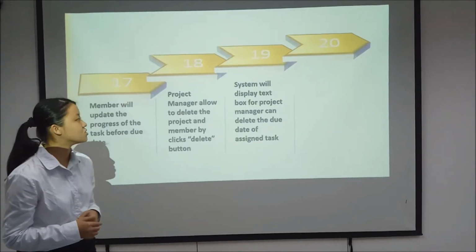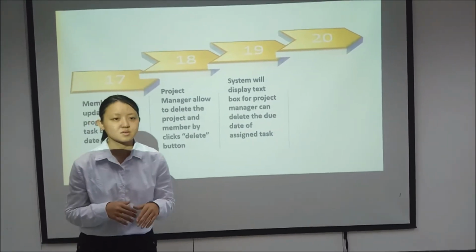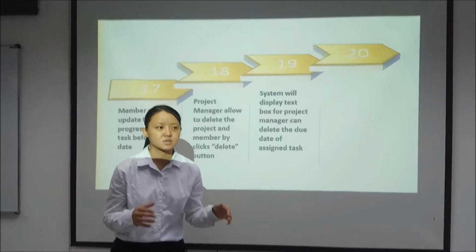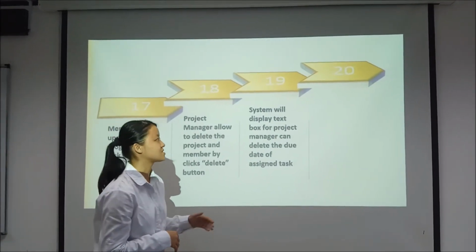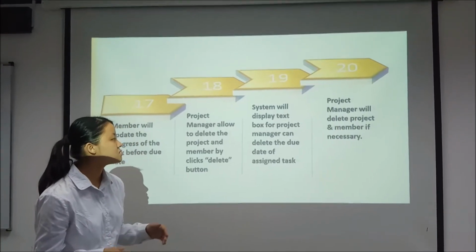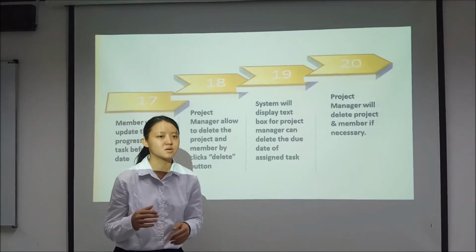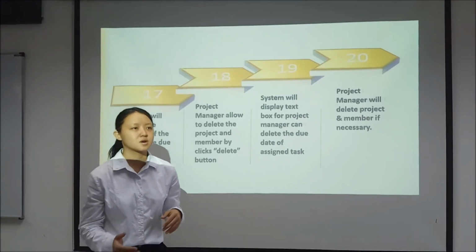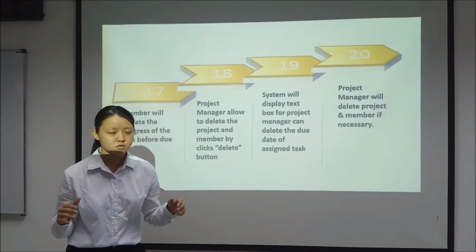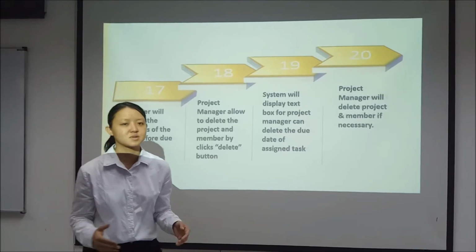The system will display the task form that manager can delete the due date of the task and next. Last is the project manager can delete the member in the project after the process of the project is complete and already submit.